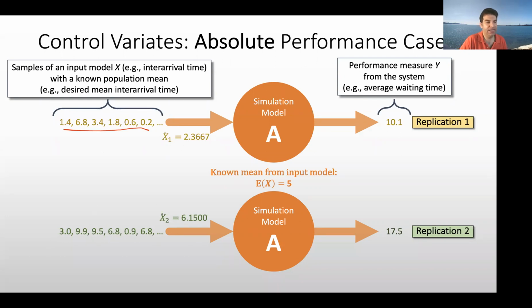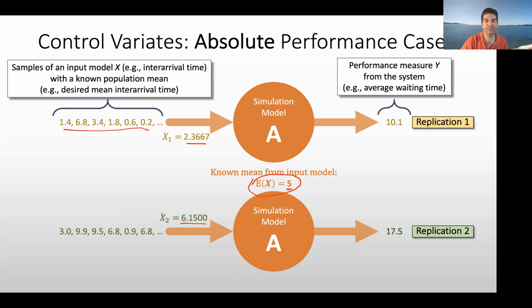Now I can calculate that for this replication, the average inter-arrival was 2.3. And for this replication, the average inter-arrival was 6.15. Across all of my replications, I might figure out that the average was 5.